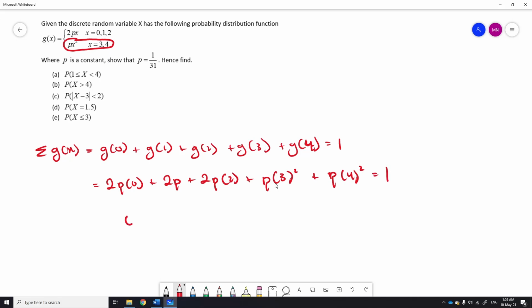So this is 0, 2p plus 4p plus 9p plus 16p equal to 1. So 31p equal to 1, then p is equal to 1 over 31. That is how we prove that p is equal to 1 over 31.